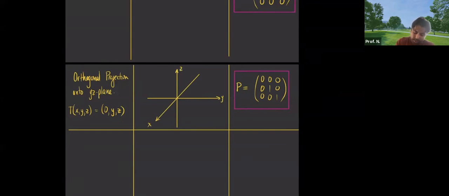So the YZ plane, right? So this is like my mirror now, and then I have a vector somewhere. And then I have another vector on the other side, and they're reflected.